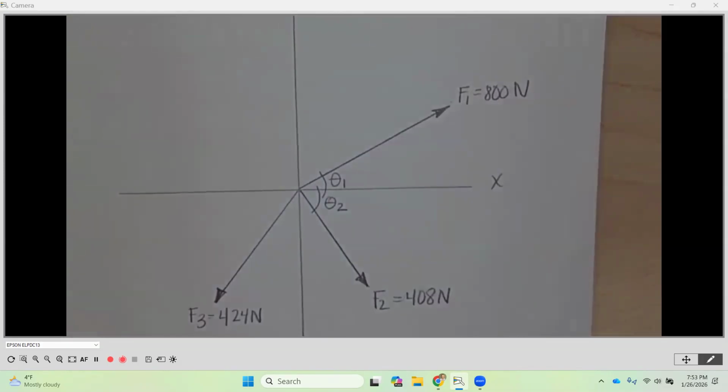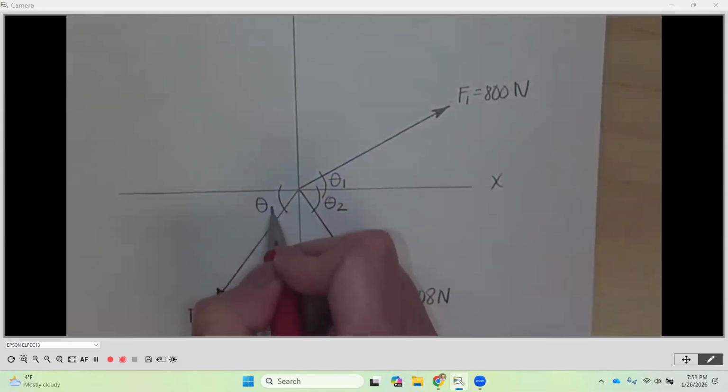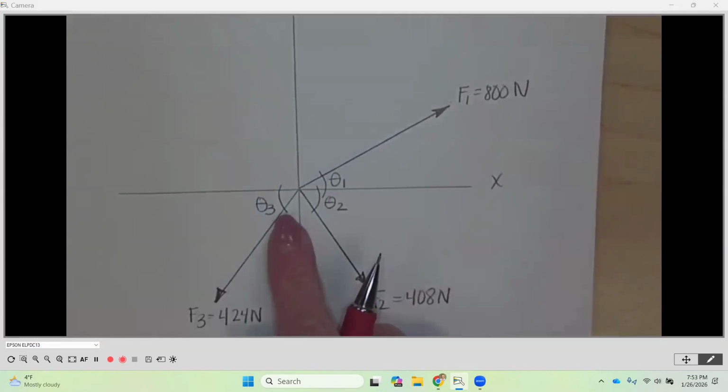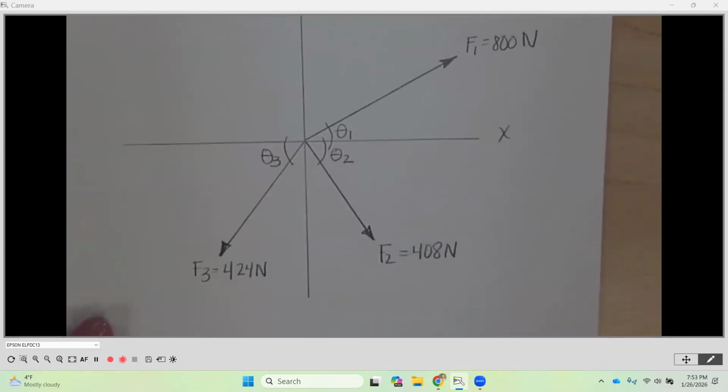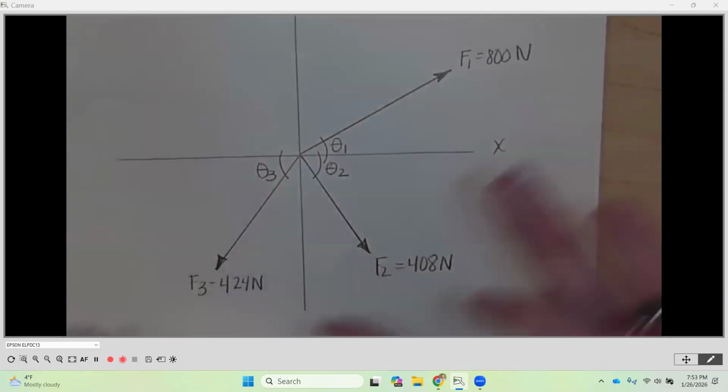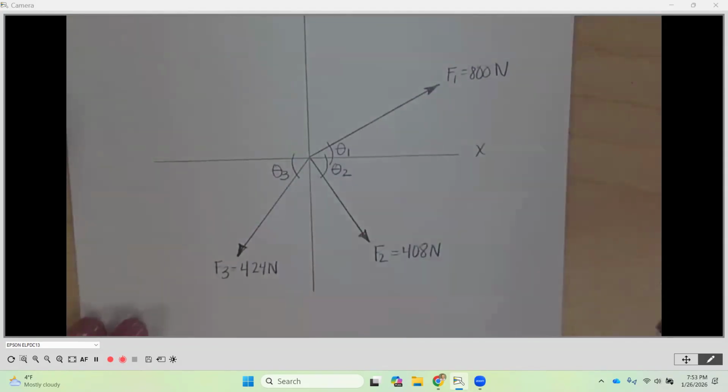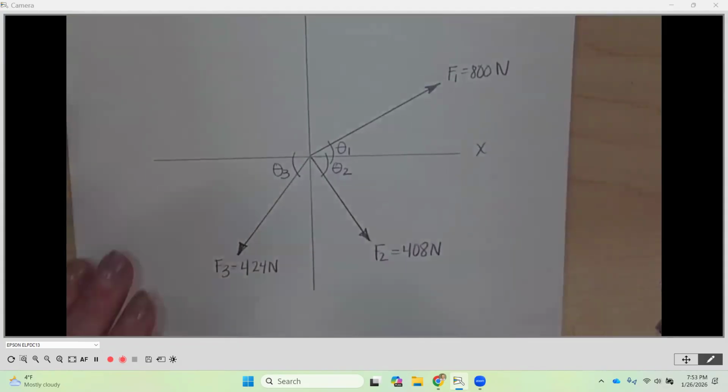And the third angle to force 3 is going to be theta 3. It's going to be this angle right here. Make sure you get that one. They're all going to be from the x-axis. Now what we need to do is determine what those angles are based on the distances that were given.